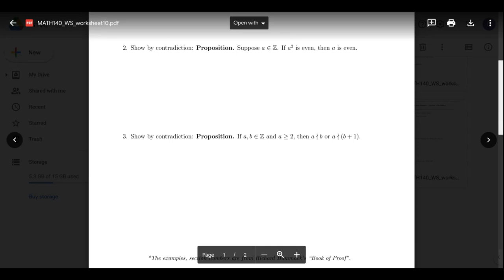So in proof by contradiction, we suppose not of P implies Q, and that's equivalent to assuming P and not Q. So in this case, we assume a square is even and a is not even, or a is odd. Does that make sense?